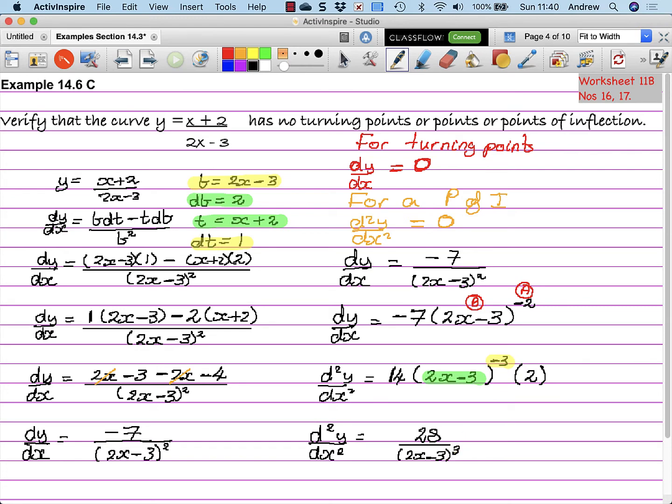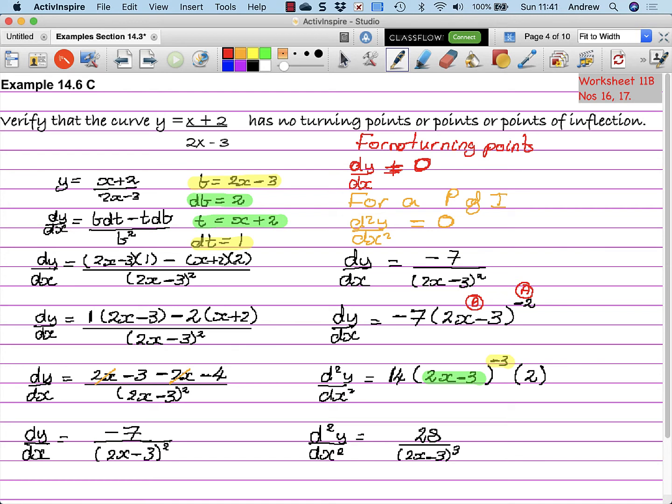Now, let's go back to the formulas we have written above in red and brown. For turning points, dy by dx is equal to 0. But the question wasn't about turning points, it was about no turning points, and no turning points means that this formula becomes dy by dx is not equal to 0.